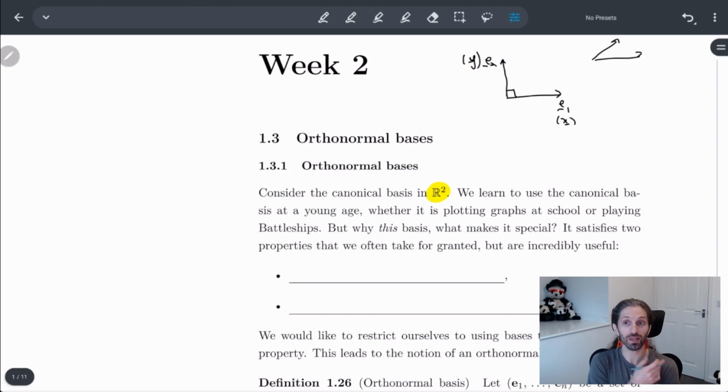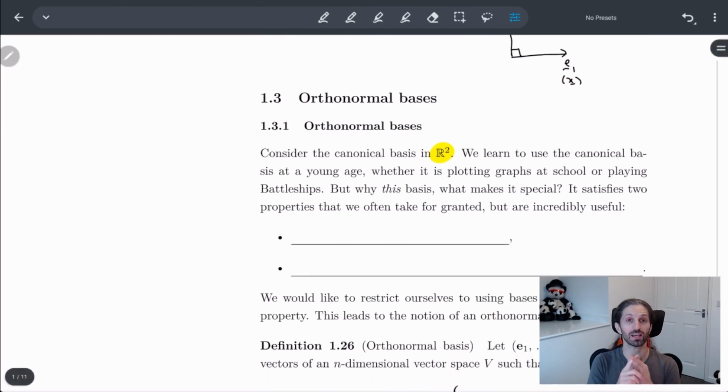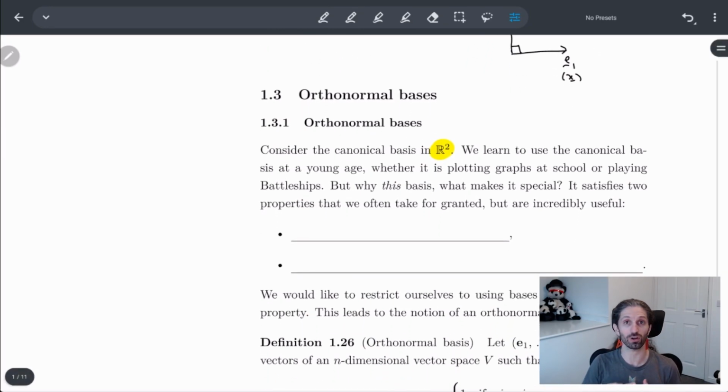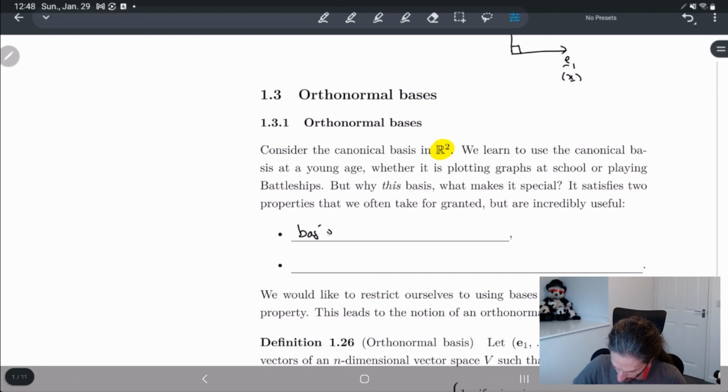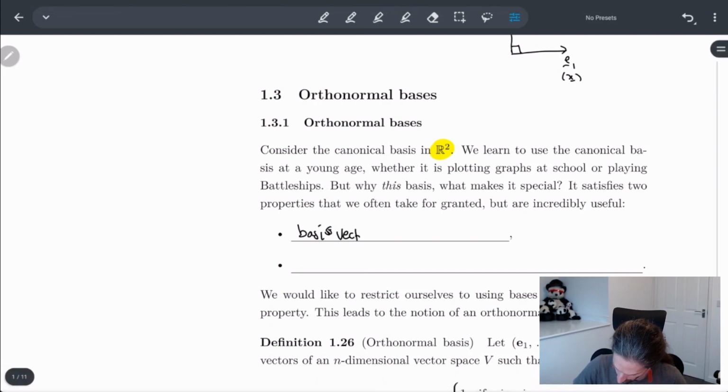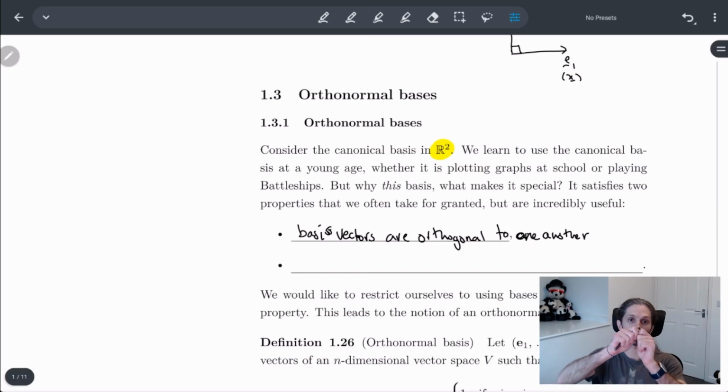So what makes this basis special? The first property is that the basis vectors are orthogonal to one another. Another thing is that each of the basis vectors, if you notice here, I just drew them once.